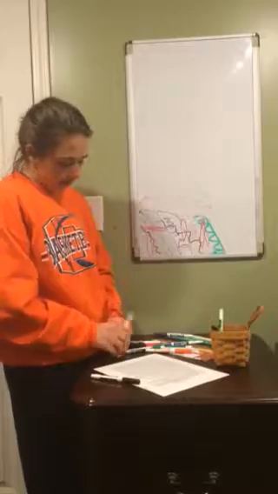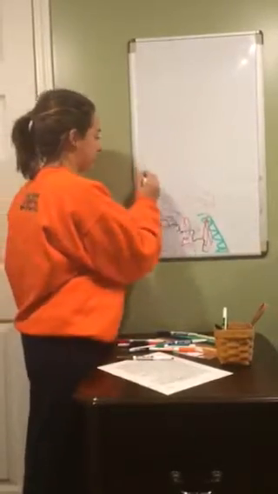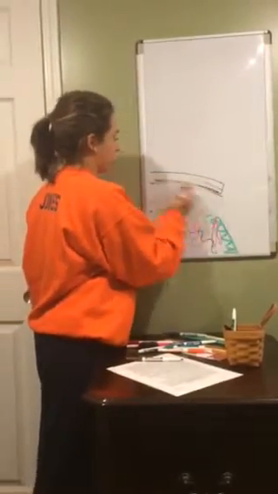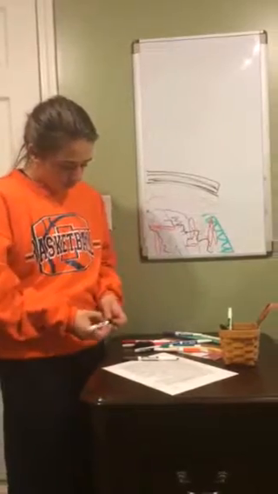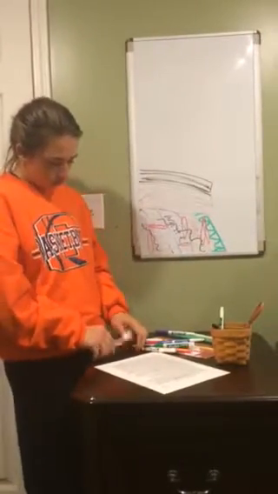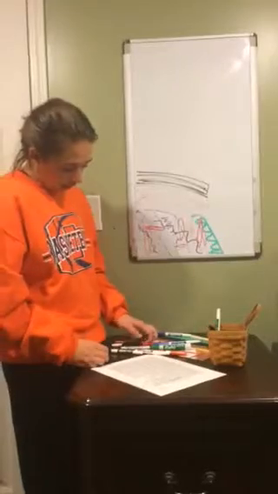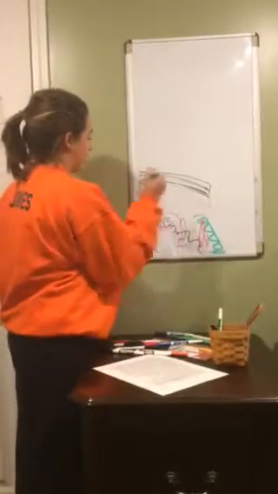The next layer to get deposited was the black layer. After that layer came a light green layer.